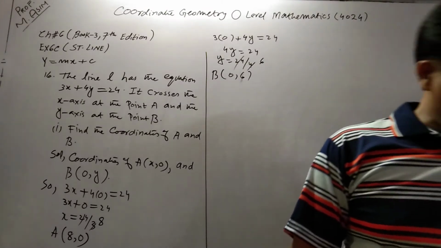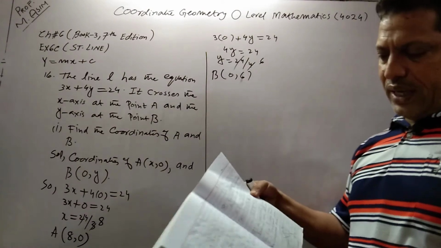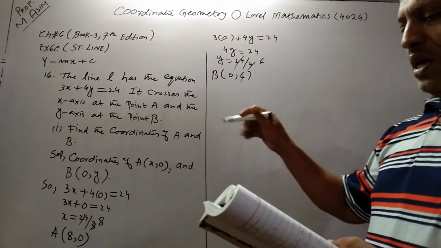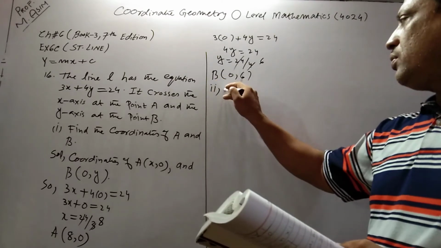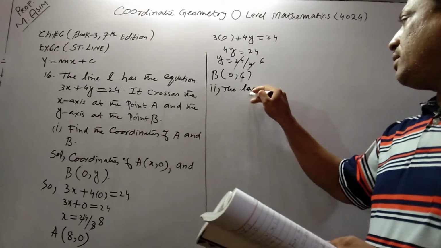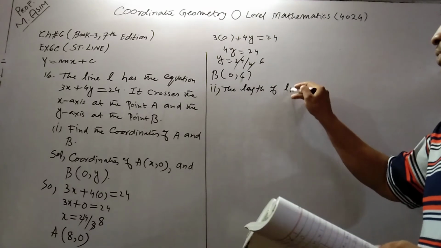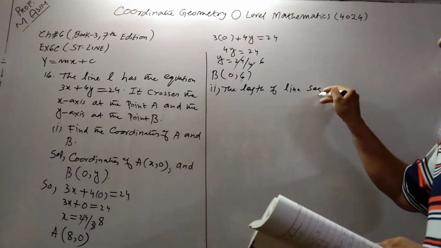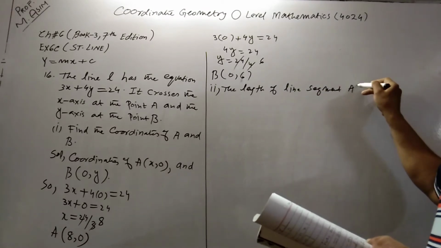Come to part 2. What is the answer of part 2? The length of line segment AB.